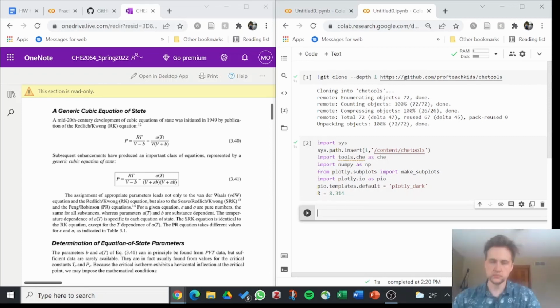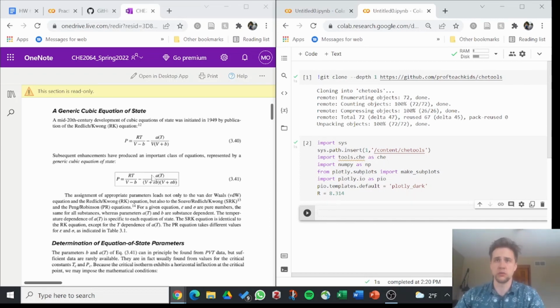Okay, great. Before we move forward, we need to deal a little bit with the equation of state. As we spoke about in the last video, after Van der Waals made his groundbreaking discovery with the cubic equation of state, people came along and added additional parameters to make things even more accurate with respect to how gases change in their behavior depending on the pressure, temperature, and volume they're under.